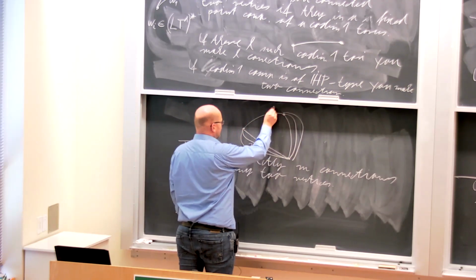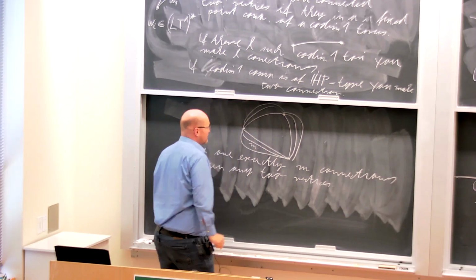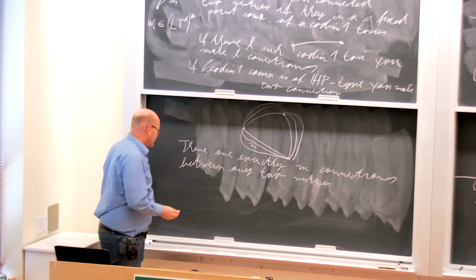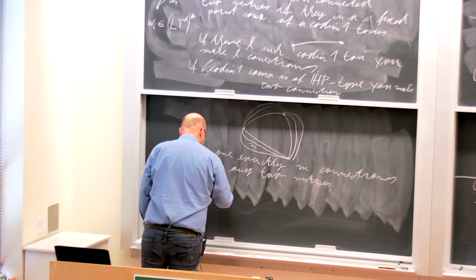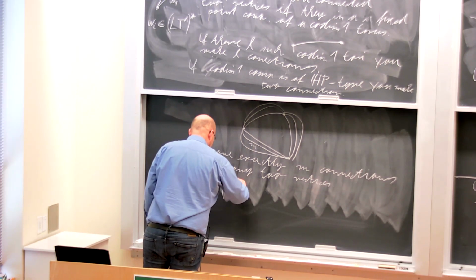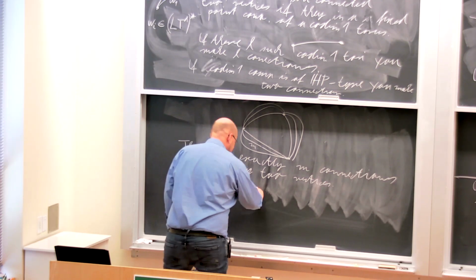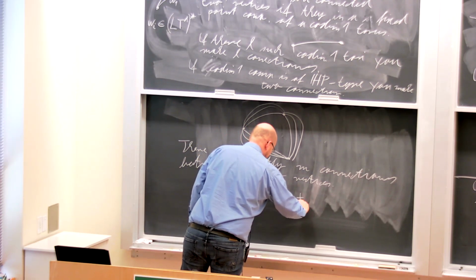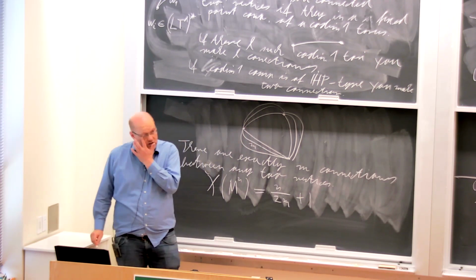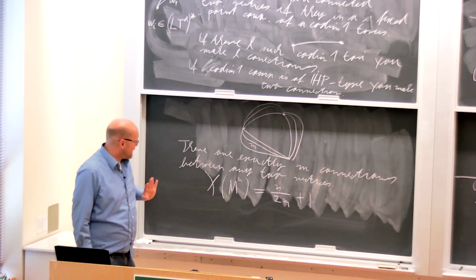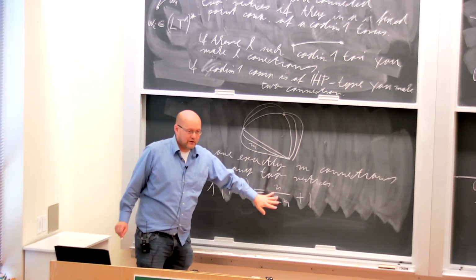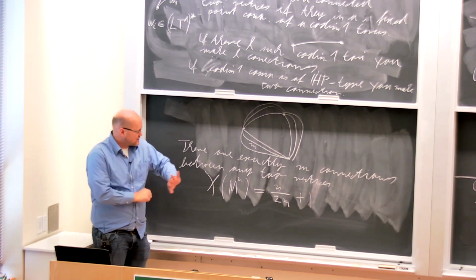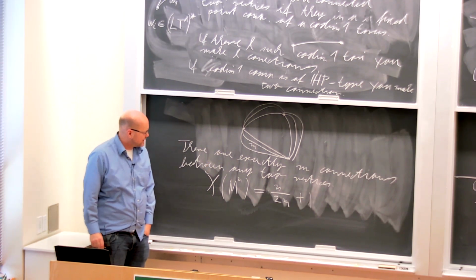And now the Euler characteristic of the manifold is then easy to see, equal to n over 2m plus 1. So you can compute the Euler characteristic of the manifold from this graph in a very easy way. That's something we did already.